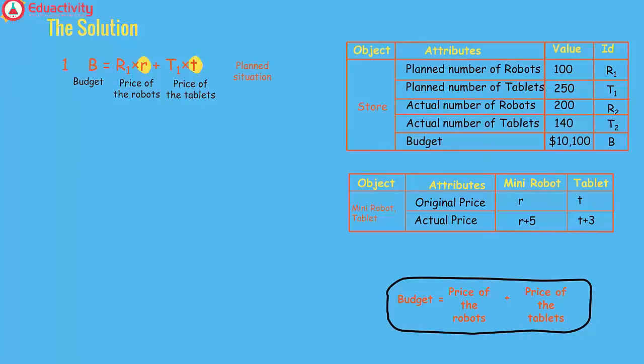Now we highlight the unknowns. We can easily see that there are two unknowns in this equation. That means that we need another equation.